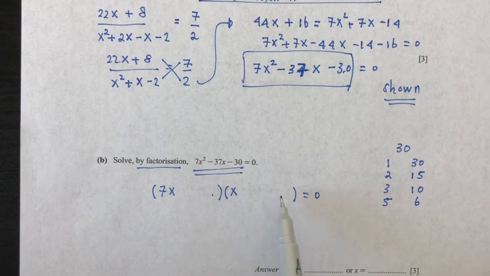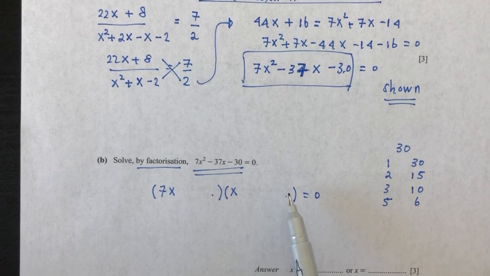So we have to find these two numbers by trial and error. We know that we need to obtain minus 37. How can we do that? This is kind of complicated, but we have to find a factorization by trial. So what can we do?